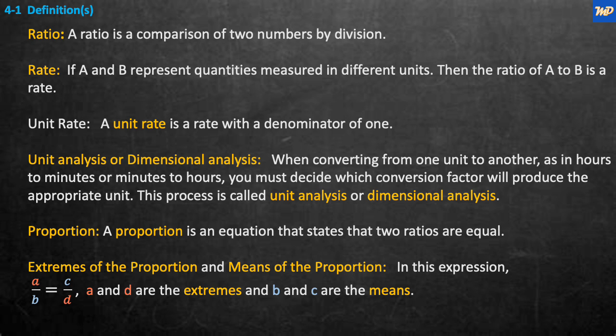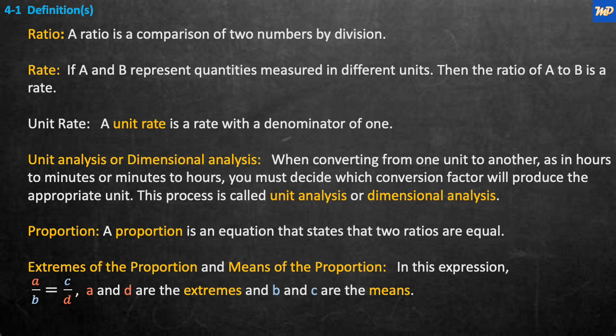A proportion. A proportion is an equation that states two ratios are equal. Like A over B is equal to C over D. Two ratios are equal to each other. And what are the extremes of a proportion and the means of a proportion? In the expression, A divided by B is equal to C divided by D, A and D, the peach-colored or salmon-colored letters here, are the extremes.